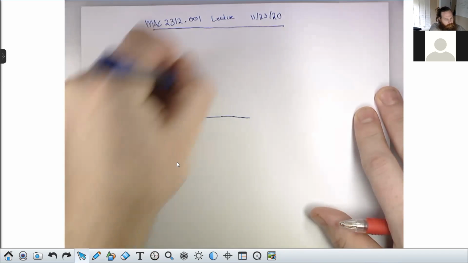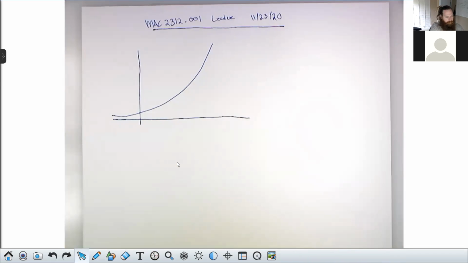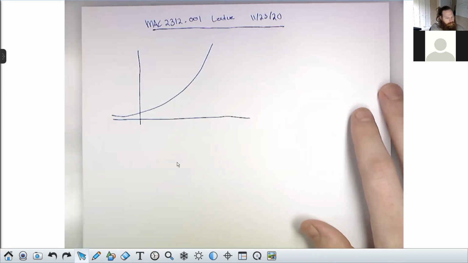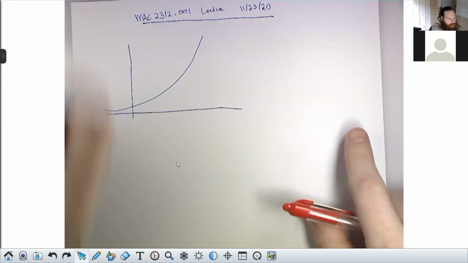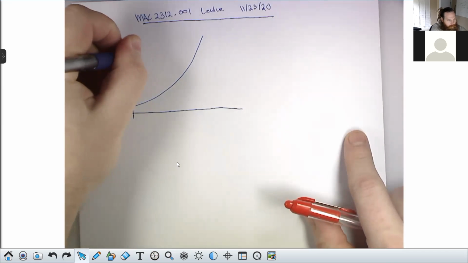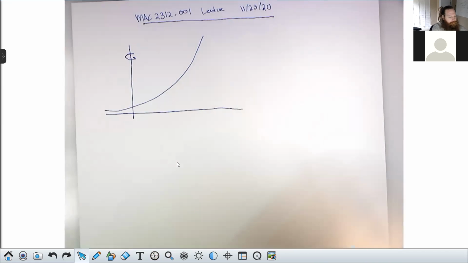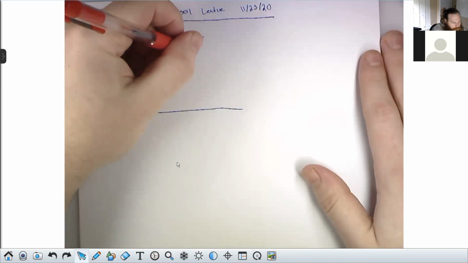So I have some curve. And just for fun, let's suppose this time that I wanted to revolve around the y-axis. Here's my little arc length element, the thing we call ds.